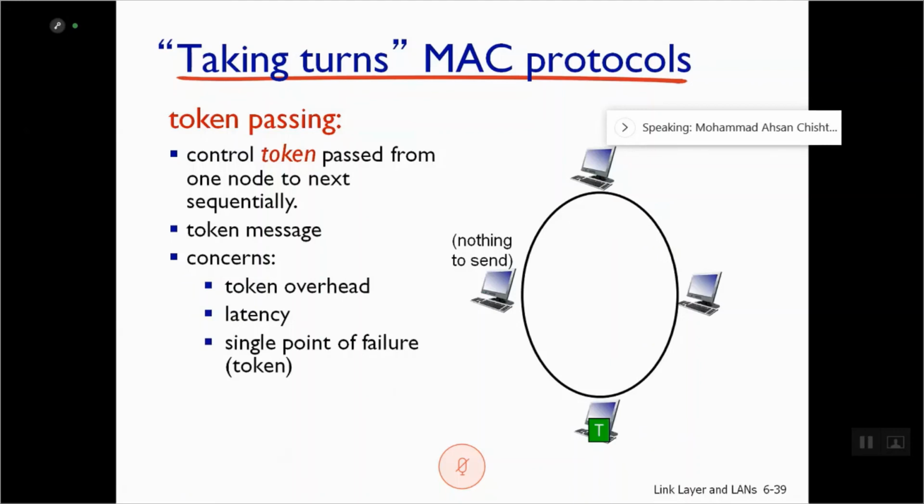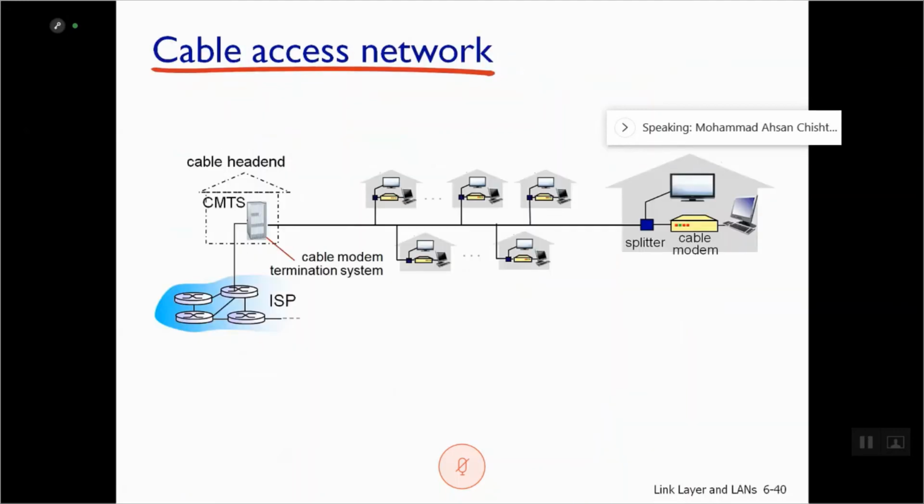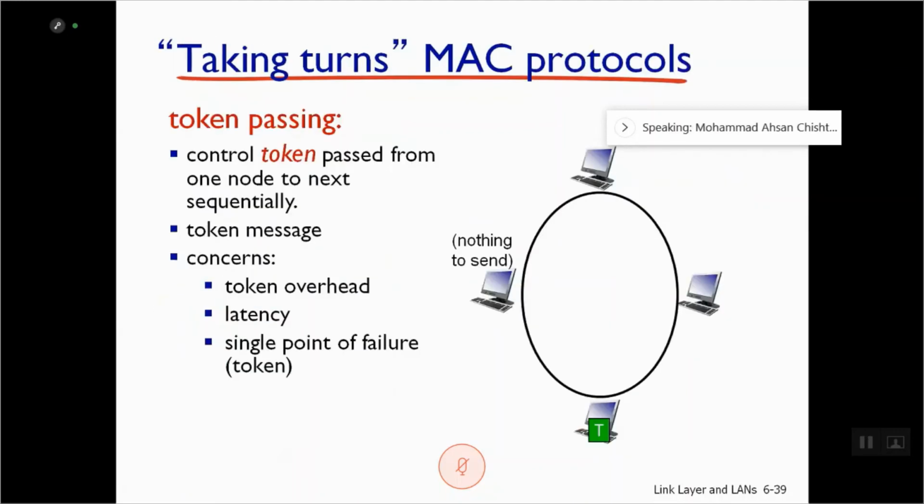After completing the transmission of data, it passes on the token to the next one, and so on. And it's not that if this PC has this token, it will continuously keep on transmitting the data. No, it will transmit only for a specific amount of time that has been given to it as per the protocol.